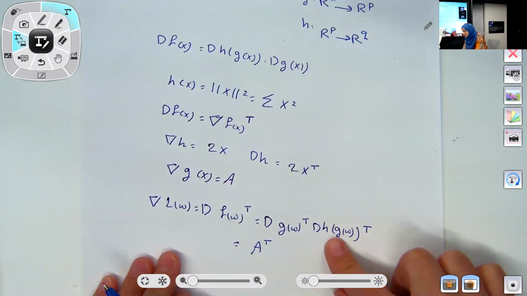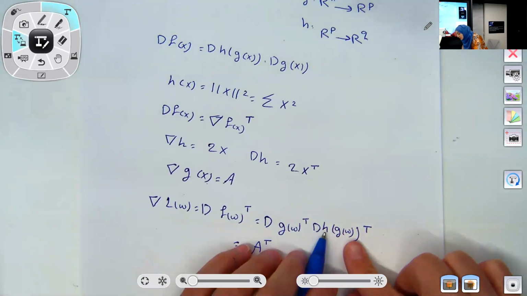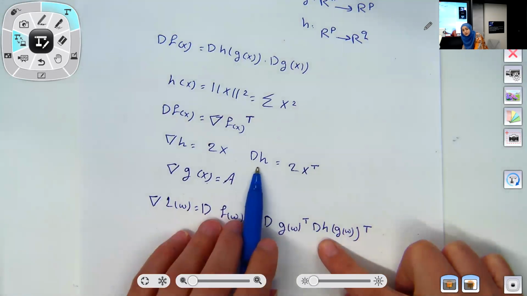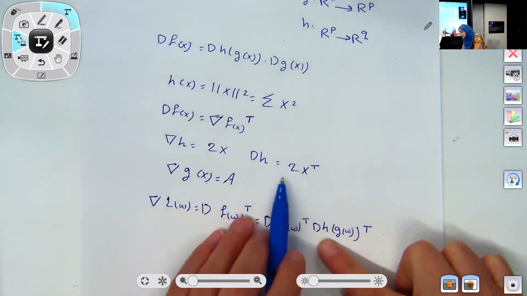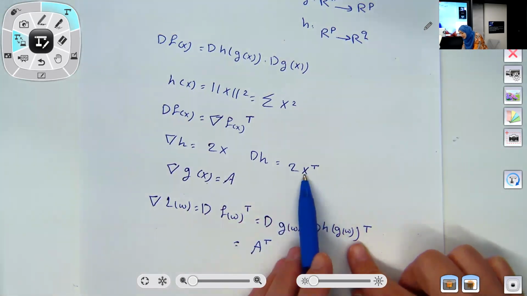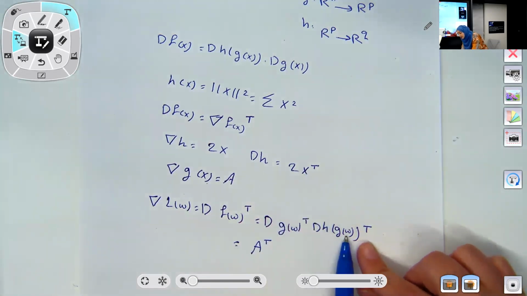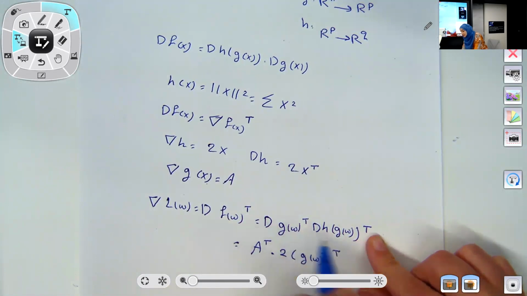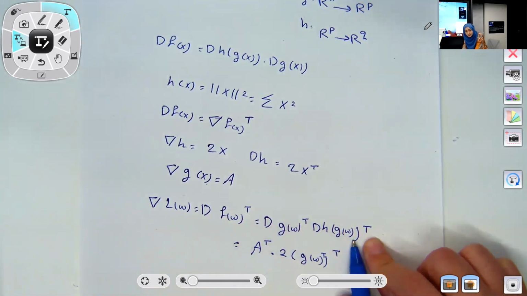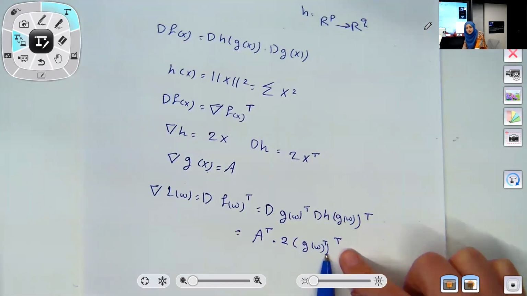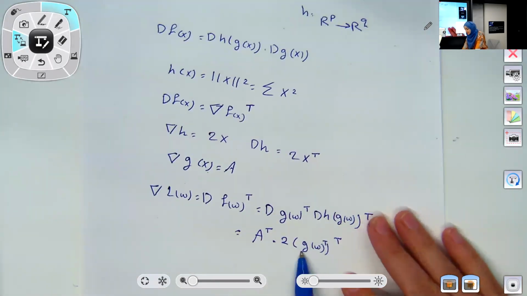For the second part, we have the Jacobian of h of g of omega transpose, and we know that the Jacobian of h equals 2 multiplied by this function transpose. Instead of x, we put g of omega. So 2 multiplied by g of omega transpose, and all of it transposed. The first transpose is from here, and the second transpose is from here. And transpose gives you the same g of omega.